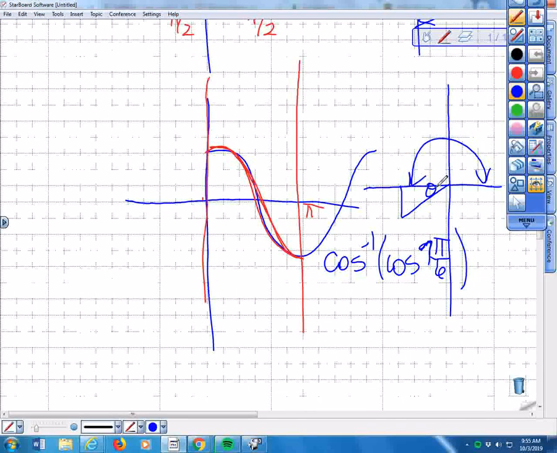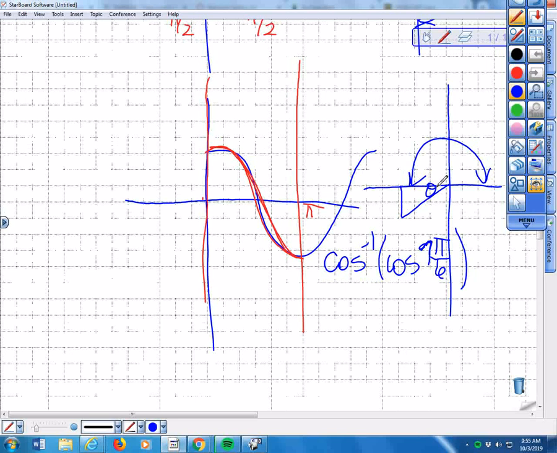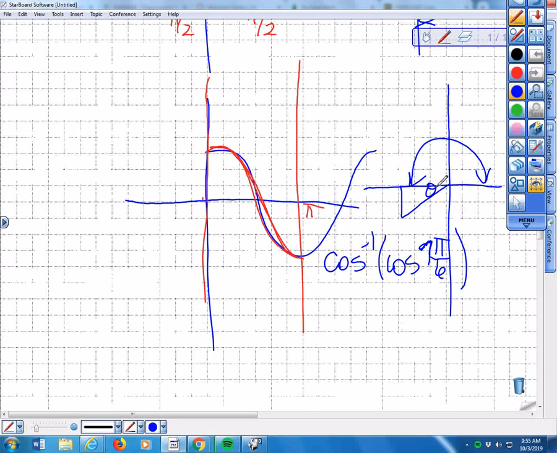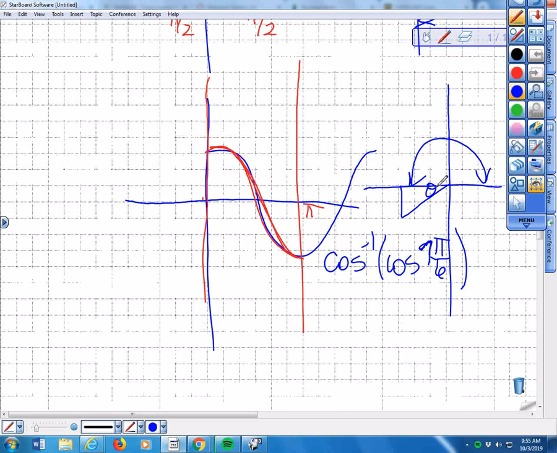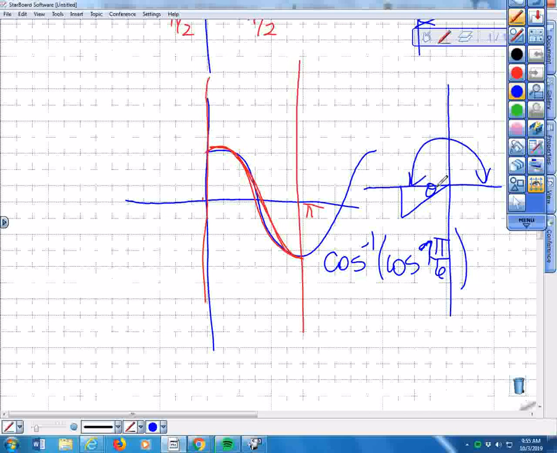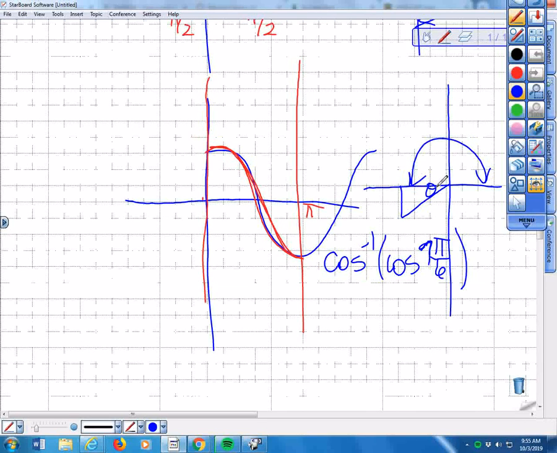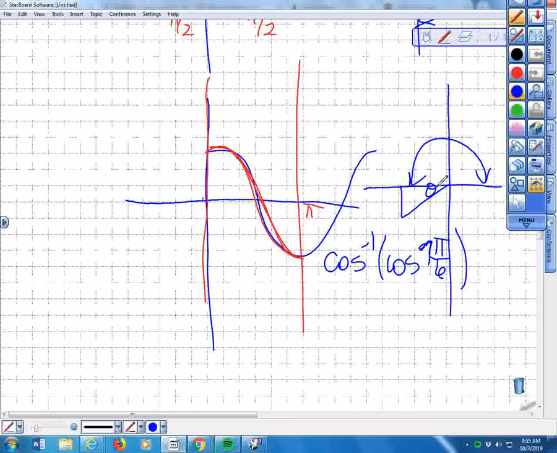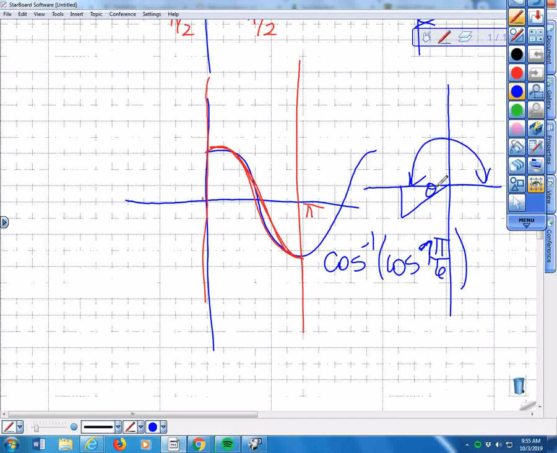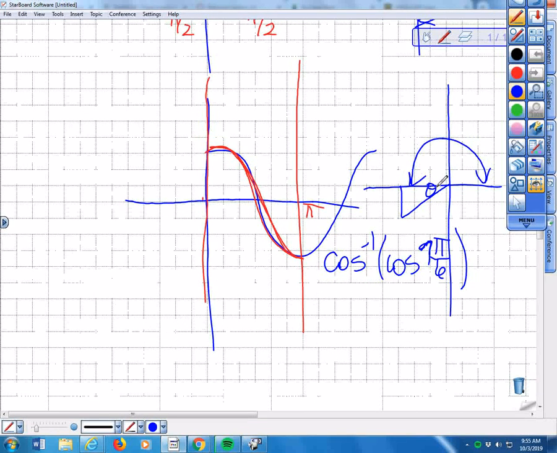Is cosine positive or negative here in the third quadrant? Negative. So which quadrant, 1 or 2, is it also negative? 2. So our actual answer here is what? You can do it. 5 pi over 6.